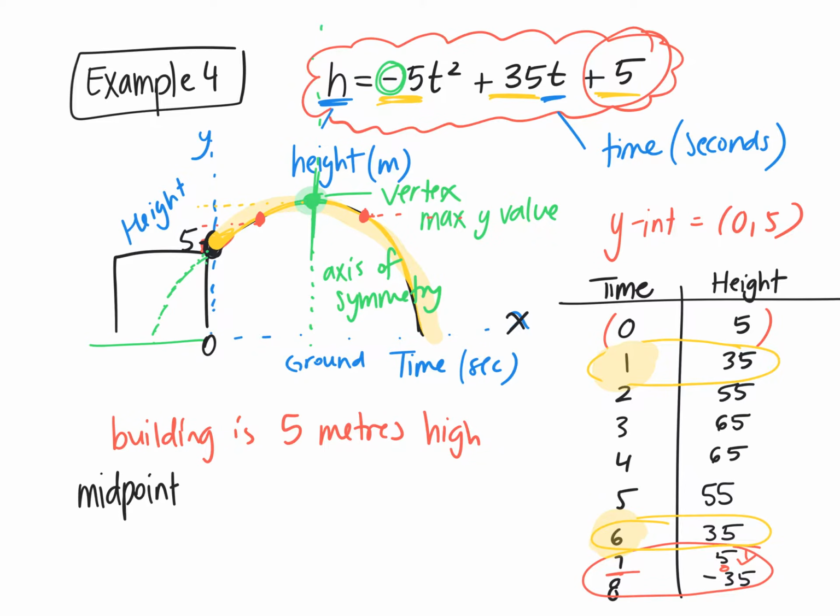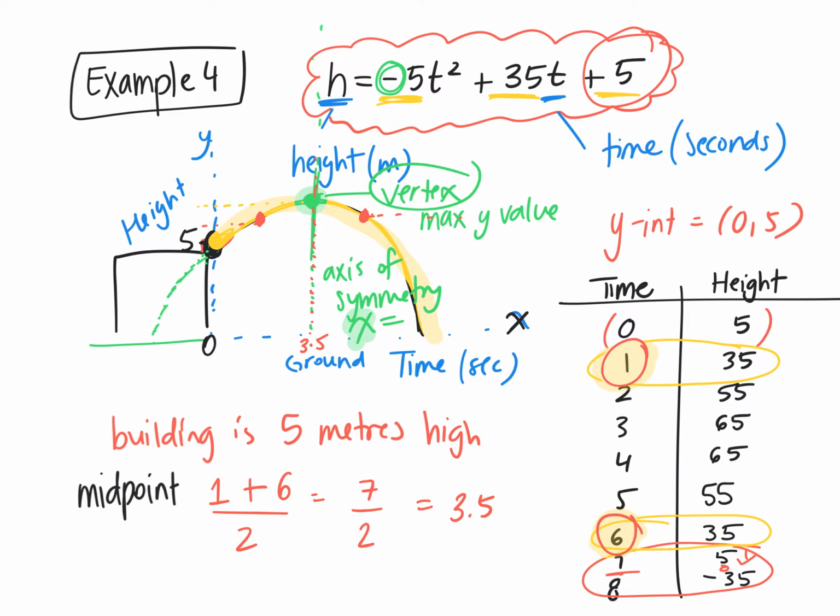We only care about the x's, because the axis of symmetry is x equals, right? We want to know the x coordinate, because that's the x coordinate of the vertex. So we're going to add 1 plus 6 divided by 2. What's 1 plus 6? 7 divided by 2 equals 3.5. So we know that the axis of symmetry is x equals 3.5.